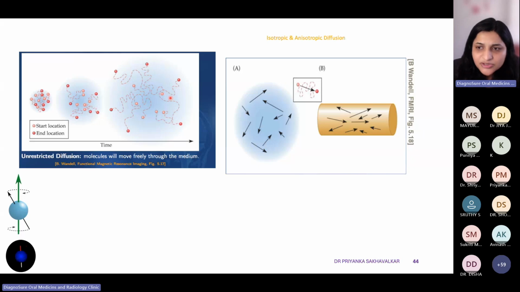Brownian motion of water molecules is impeded by cellular packing. Cell walls, intracellular organelles, and cell membranes all prevent this random motion of water. So variation in the apparent diffusion coefficient, which is the magnitude of this motion, is the fundamental principle behind diffusion weighted MRI. This variation reflects the alteration and redistribution of water molecules between the intracellular and extracellular components of the tissue.